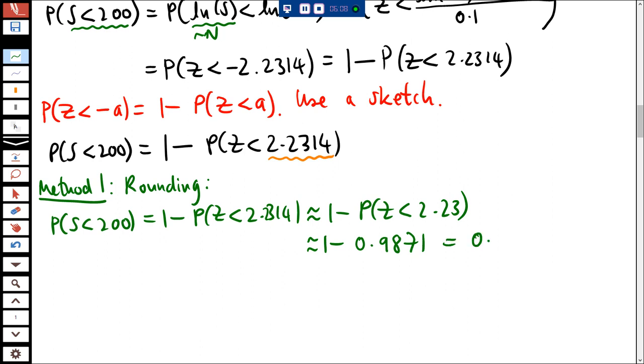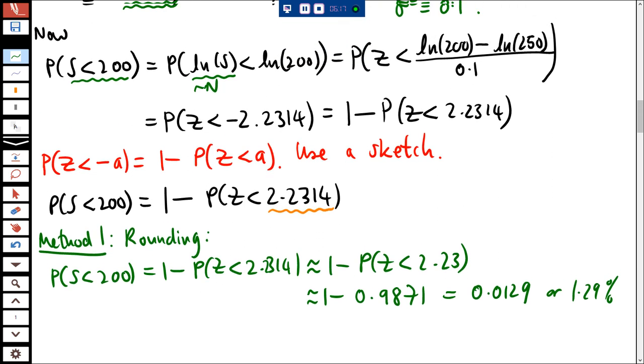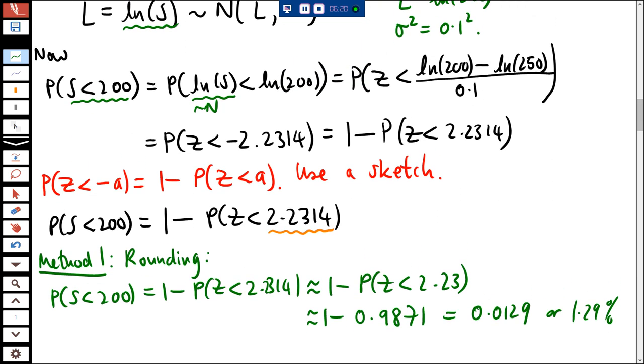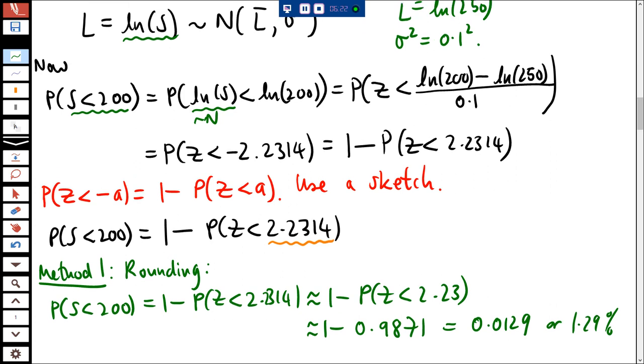So we have about a 1.29% chance of the random variable S being less than 200 under this model.